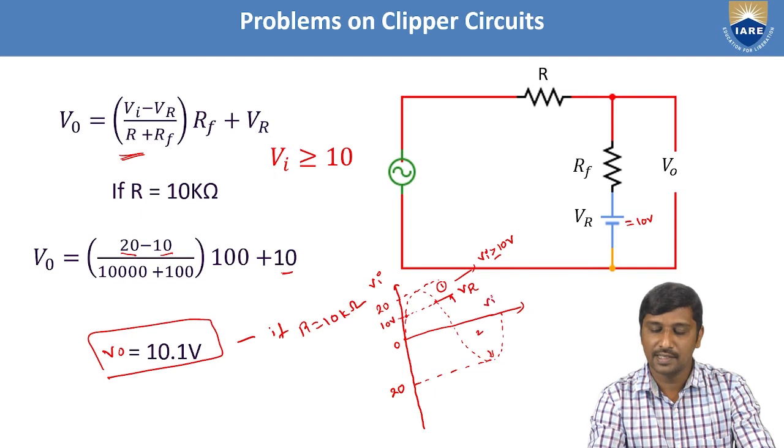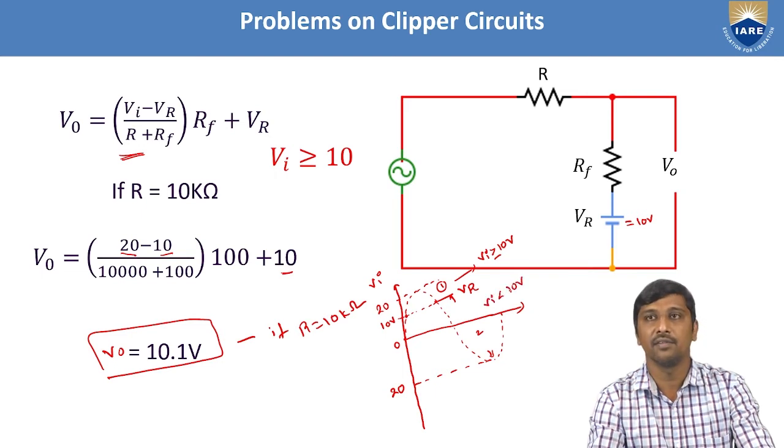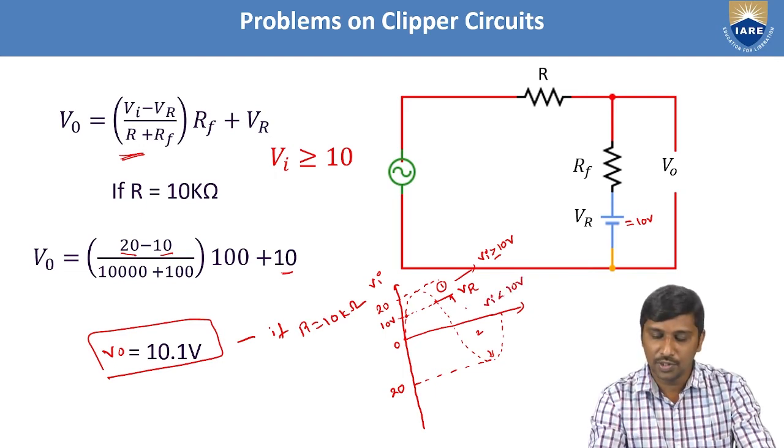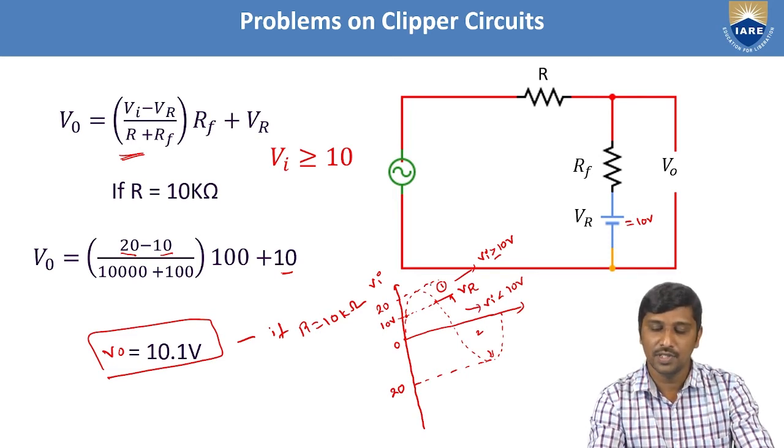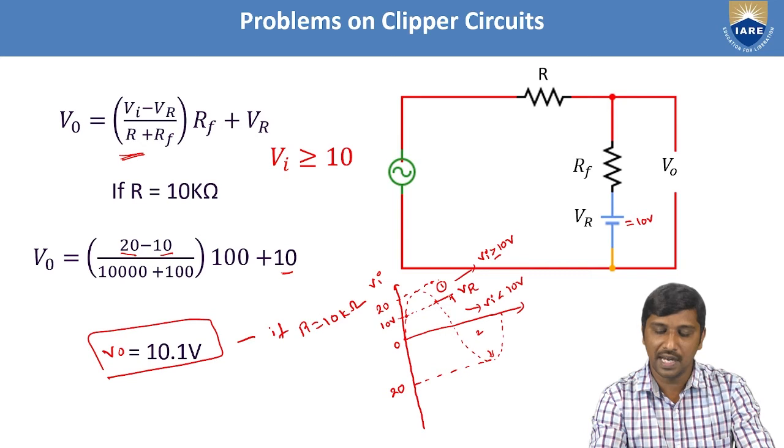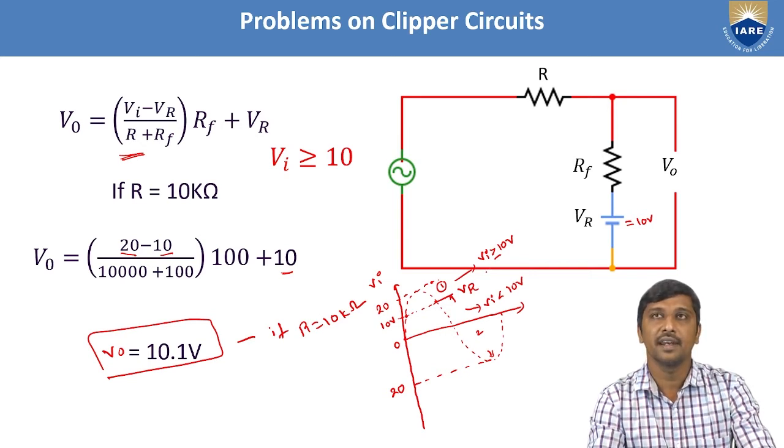But the second portion is Vi is less than 10 volts. And this portion, from this point VR, 10 volts, to VM, 20 volts, we can represent as Vi greater than or equal to 10 volts.